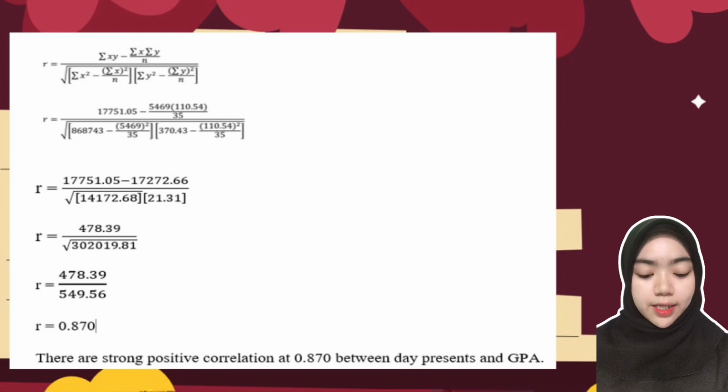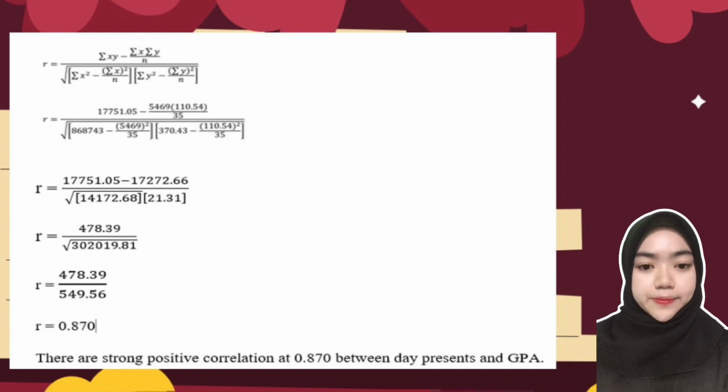After we calculate, we got R equals 0.870. There is a strong positive correlation at 0.870 between days present and GPA.